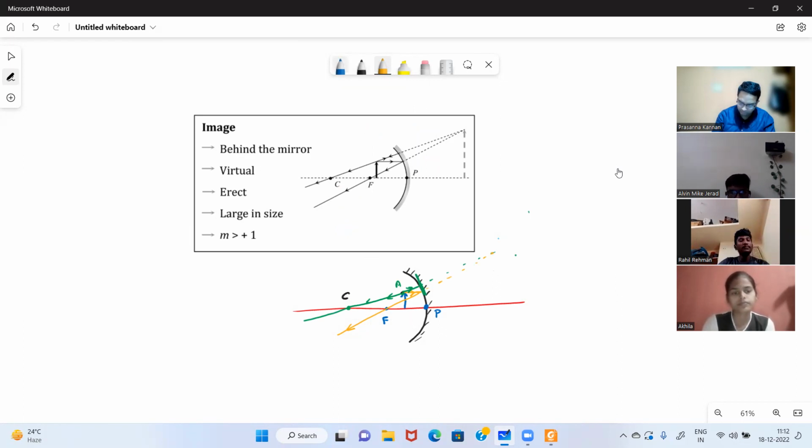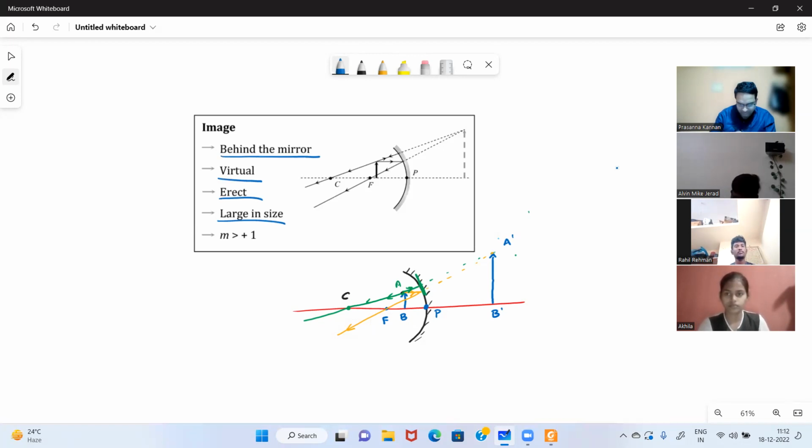So these two rays will never meet, but they both will appear to come from some point. Understood? Yes, sir. That point becomes the image. Suppose this is AB, this will be A dash B dash. You know the image is going to be erect, large in size, magnified, and virtual. And where is it found? Behind the mirror, correct?